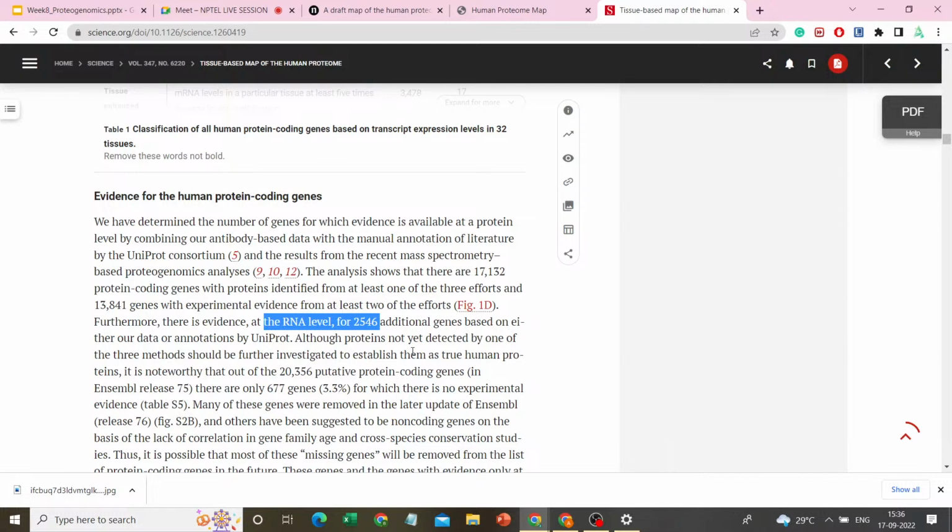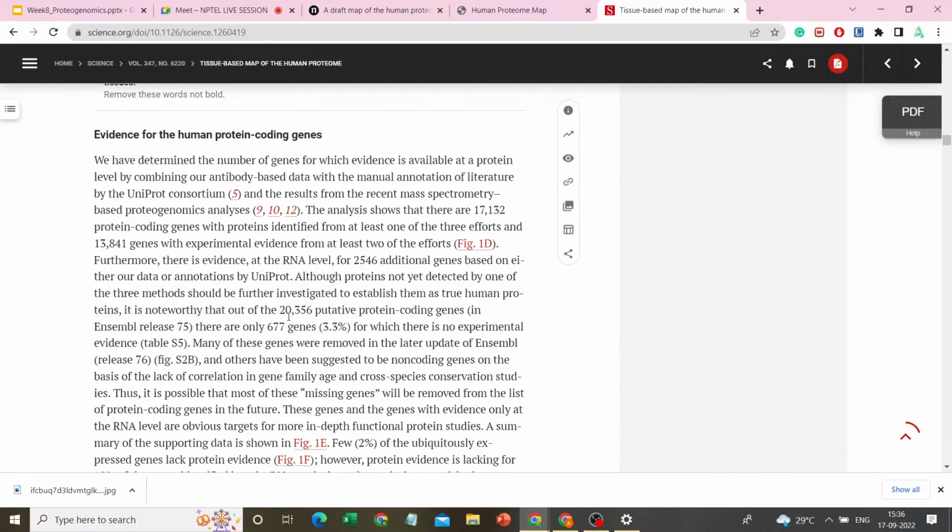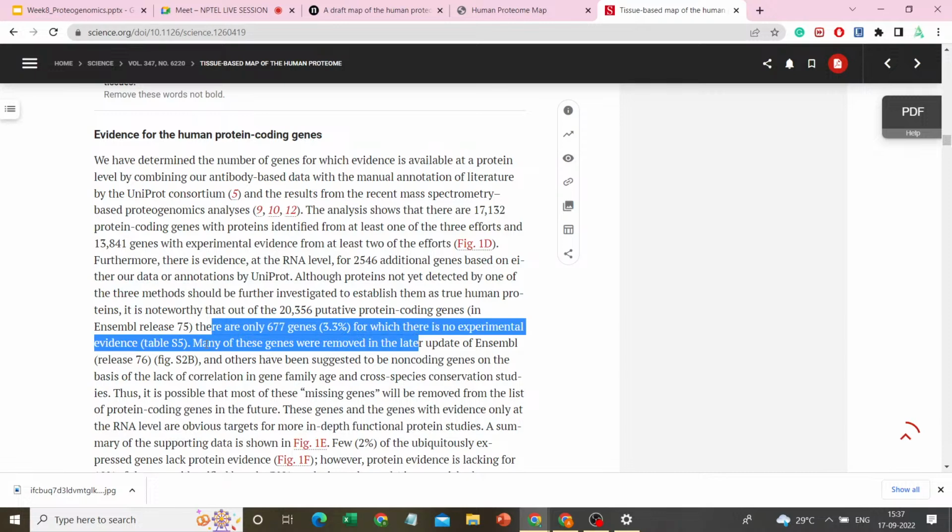Although proteins not yet detected by one of the three methods should be further investigated to establish them as true human proteins, it is noteworthy that among the 20,356 putative protein coding genes, there are only 677 genes for which there is no experimental evidence from all three efforts, like the antibody based method, tissue based method, or transcript level, and other non-coding genes.